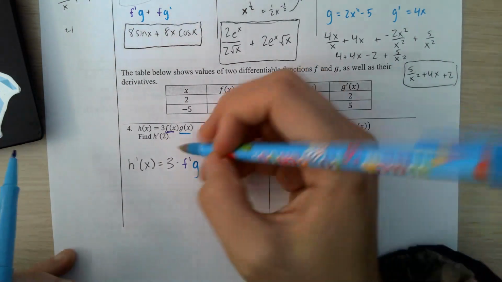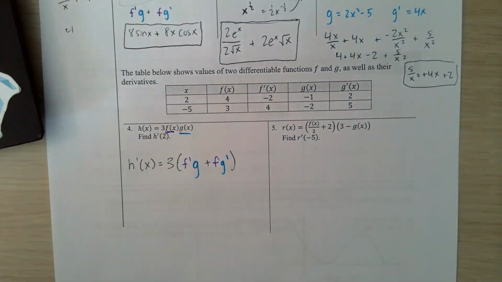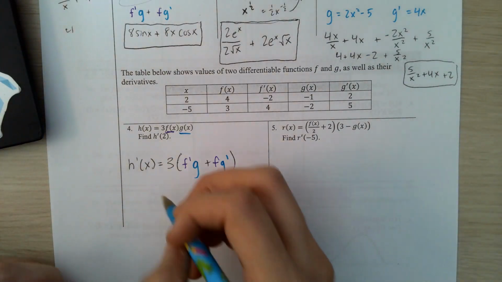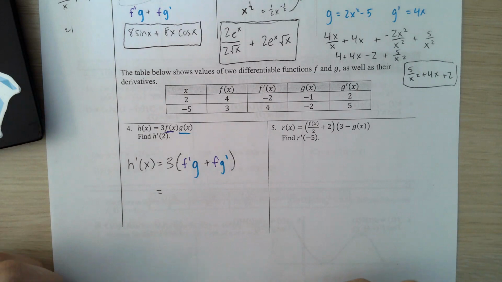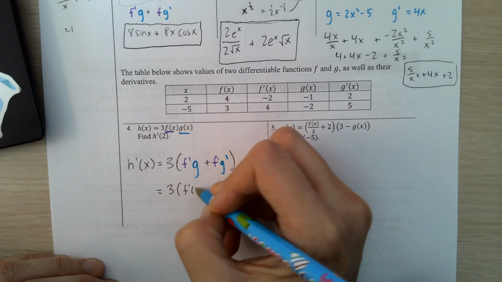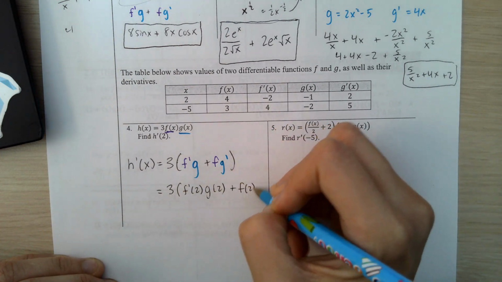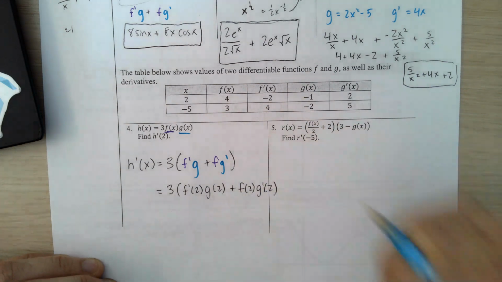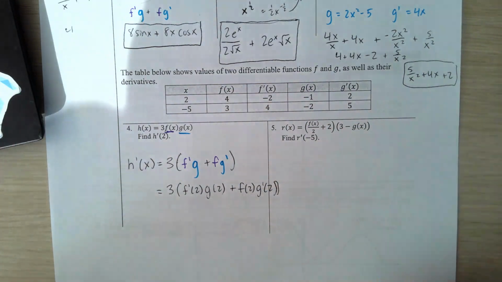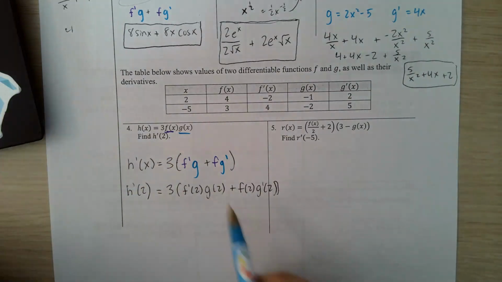And this 3 is actually in front of the whole thing, so make sure there's parentheses there. So this is 3 times f prime of 2 times g of 2 plus f of 2 g prime of 2, because we're looking specifically at 2. And now we just have to plug it in.